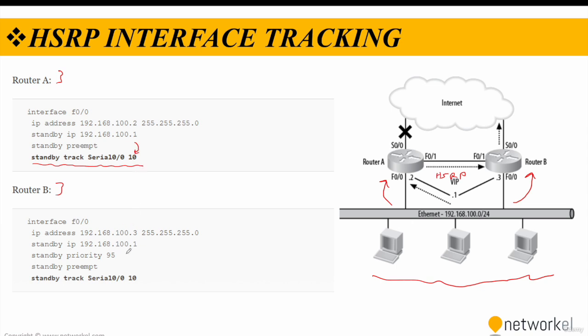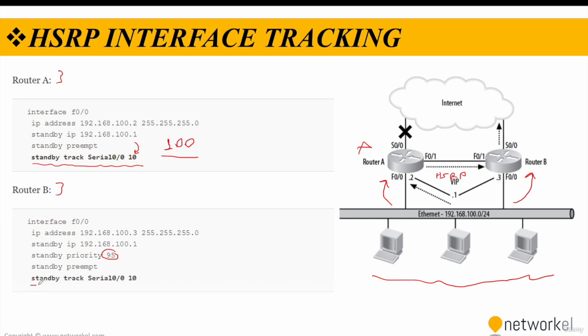Router B, on the other hand, is configured with a priority of 95, and we know that the default priority for HSRP is 100. So in this scenario, in the first place, router A is my active router because it has the default value of priority, which is 100, right?